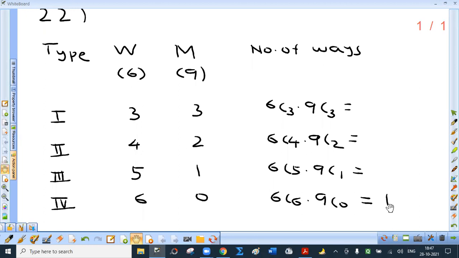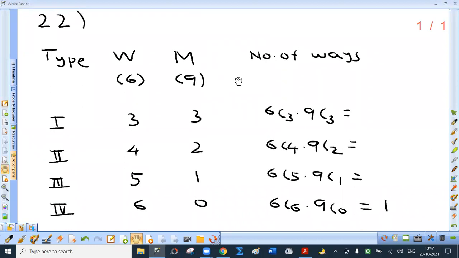So in the beginning, right now, there are 6 women and 9 men.